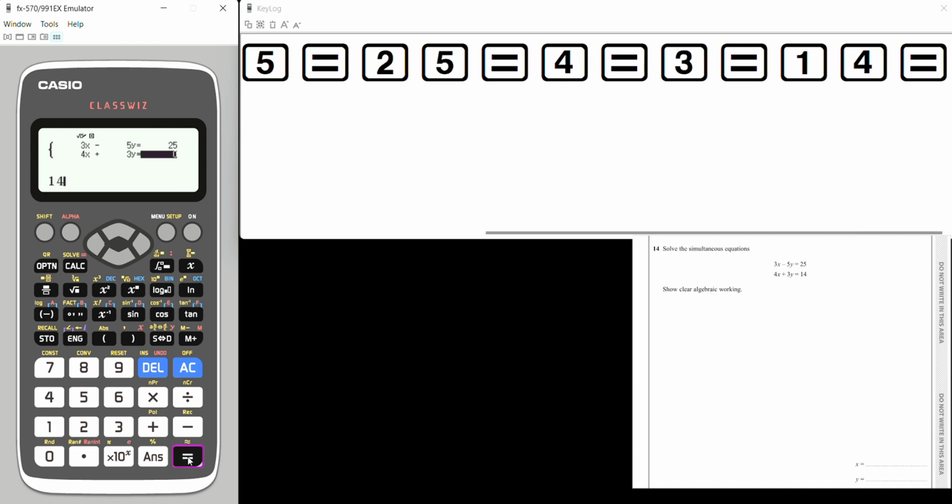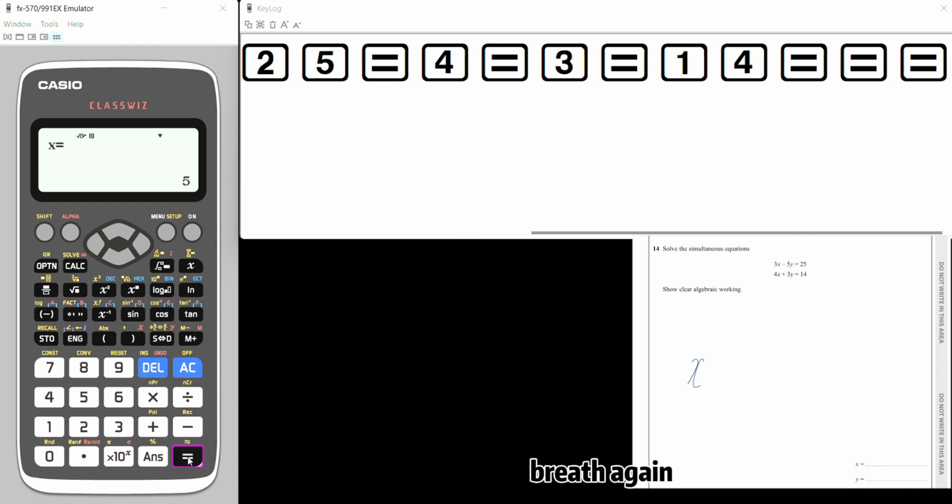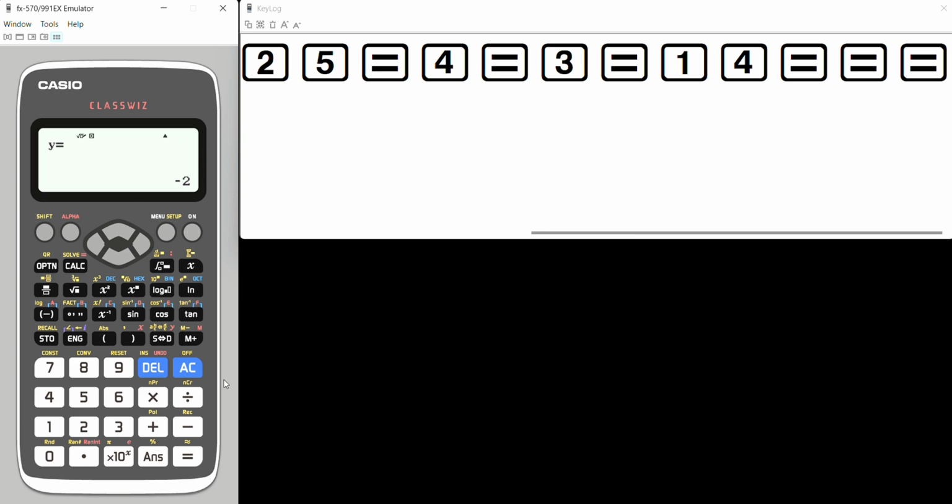And then when you press equals, we get the answer. X equals 5 and y equals negative 2. So x equals 5, y equals negative 2. And from that, you can do the substitution or elimination with the answers in front of you so that you don't get anything wrong.